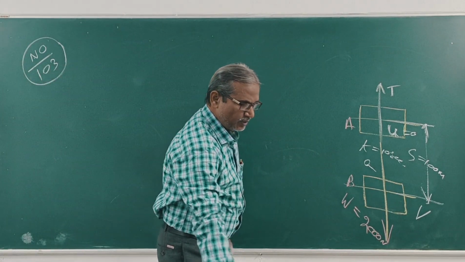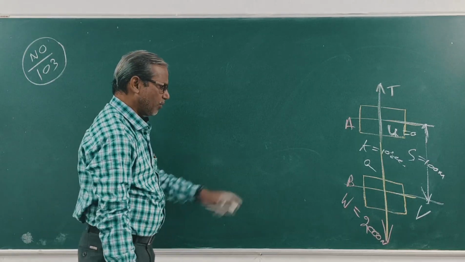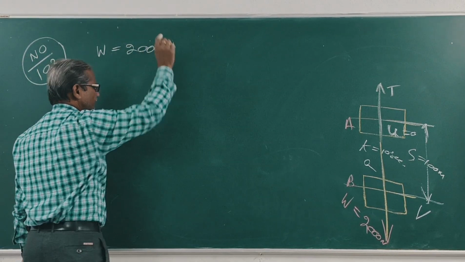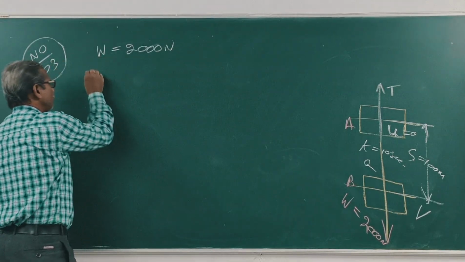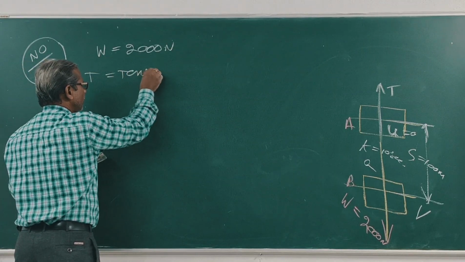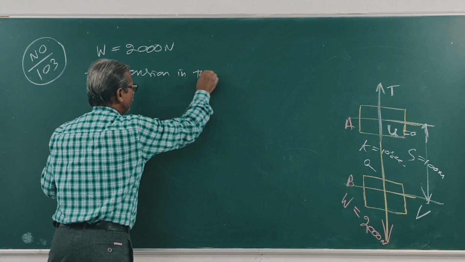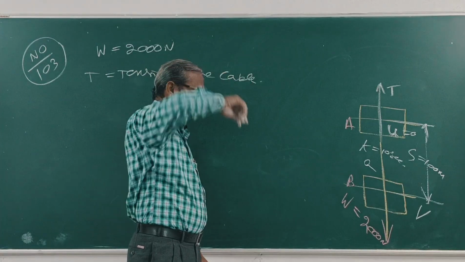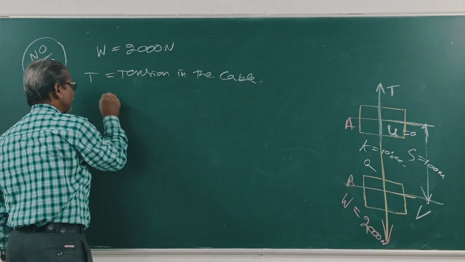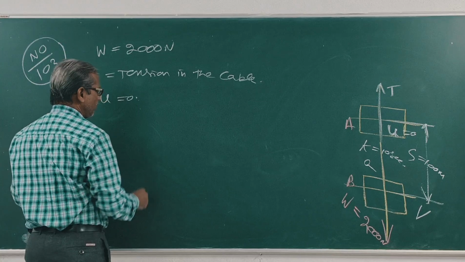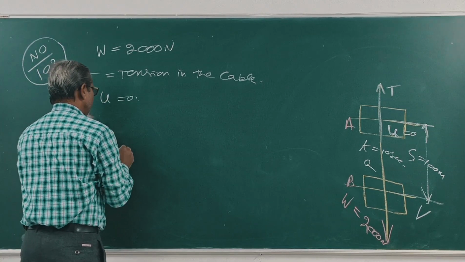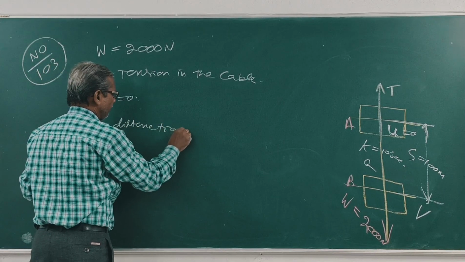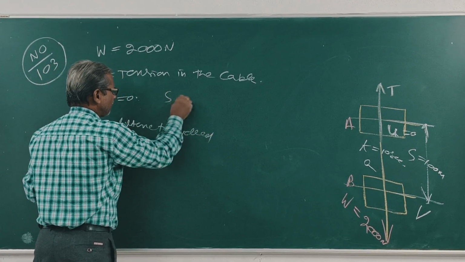The given question: weight W is equal to 2000 Newton. T is the tension in the cable. S is the distance traveled from A to B, S is equal to 100 meter.